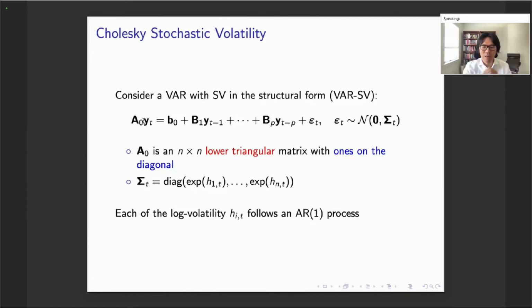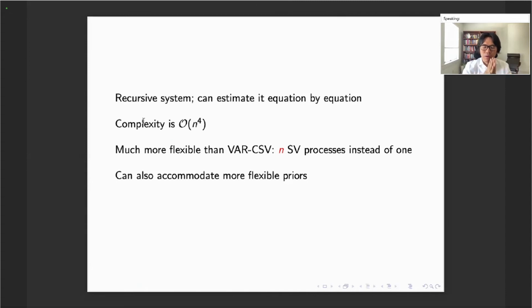Here it is only a computational device. Compared to the common stochastic volatility model, it is a bit slower, but it can still be estimated within reasonable time. Seemingly more flexible because now you have n stochastic volatility processes. Another advantage is that it can accommodate more flexible priors as well. In particular, you can have a Minnesota prior that allows you to have cross-variable shrinkage.